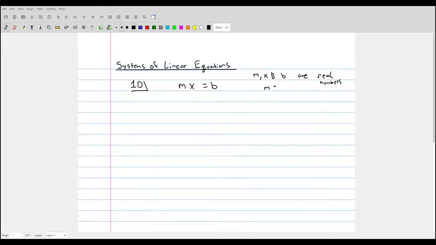Say m and b are known, so they're fixed values, and x is unknown. The solution to this equation, as long as m is not equal to 0, is to just divide both sides by m. So x is equal to b over m, and that would be the solution for x in terms of b and m, the two known values in this equation.